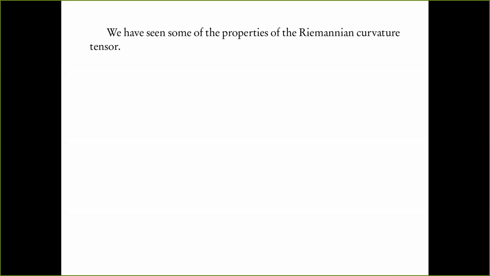So we have seen some of the properties of the Riemannian curvature tensor last time. Remember, we talked about 4 properties and we expressed them as the symmetries of the tensor. Sometimes you can also call it the skew symmetries, but we'll broadly call it the symmetries of the tensor. The Riemannian curvature tensor was essentially an object which takes 4 vector fields as inputs and outputs a scalar or a smooth function, right?